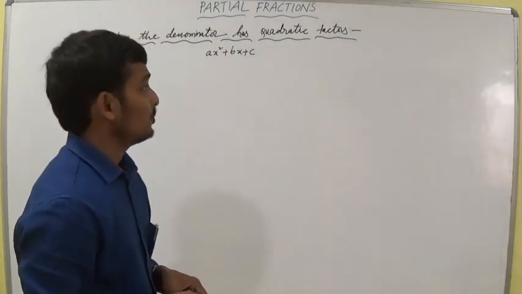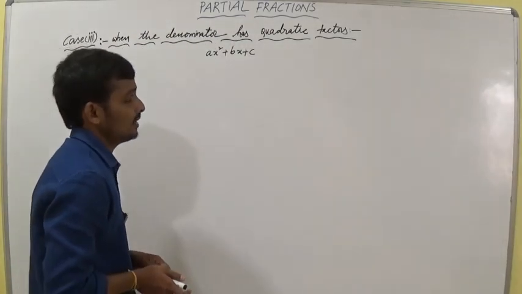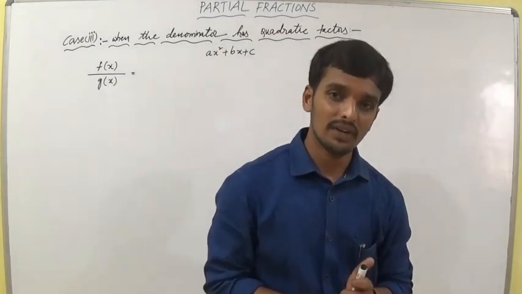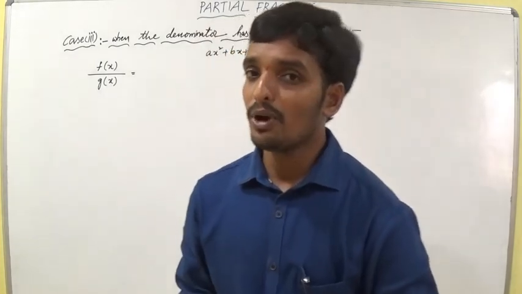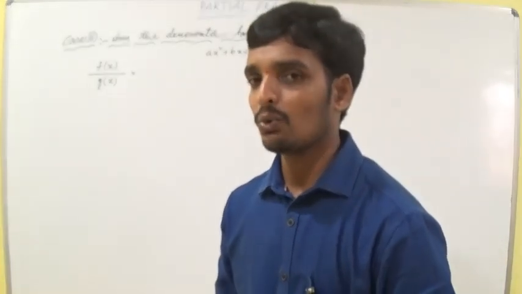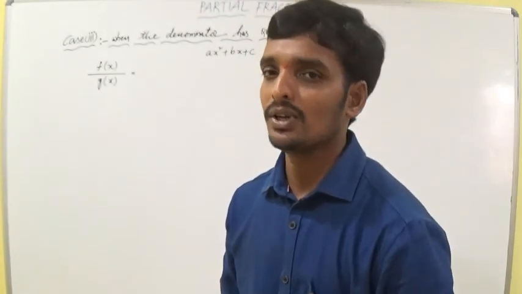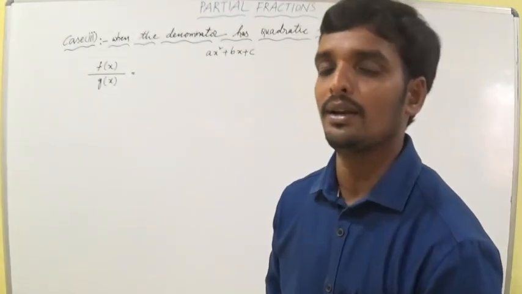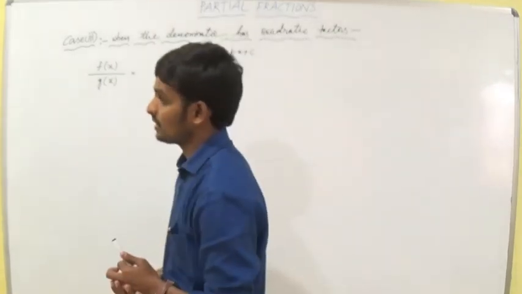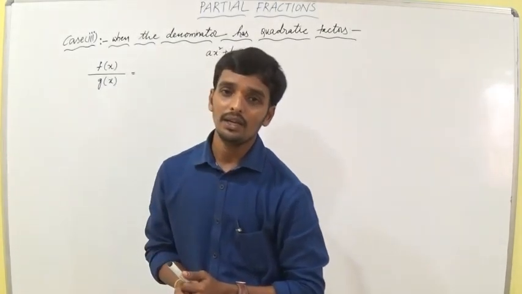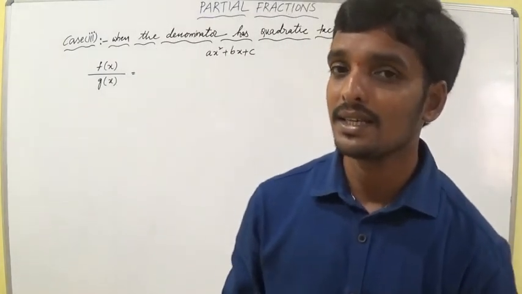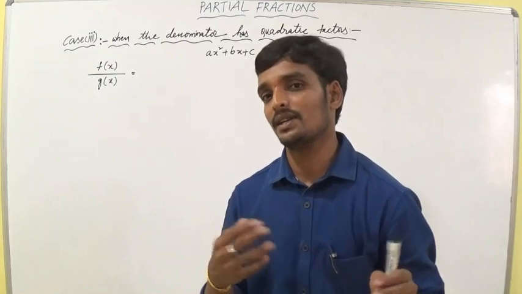For example, if you want to write the partial fractions of a proper fraction, and the denominator has a quadratic polynomial that cannot be factorized, then we can write the partial fractions.